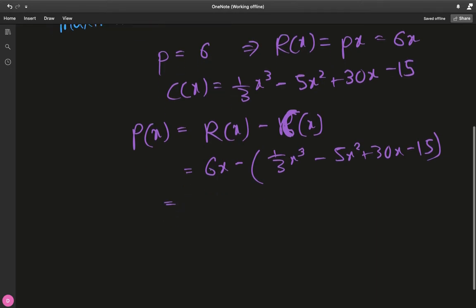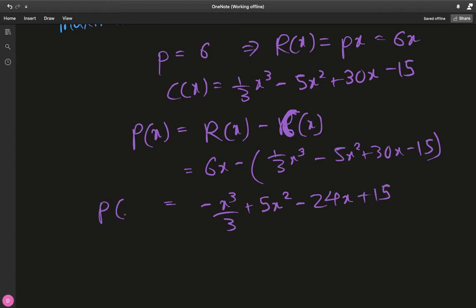So all of this actually simplifies to negative x cubed over 3 plus 5x squared minus 24x plus 15. That is actually the profit function.